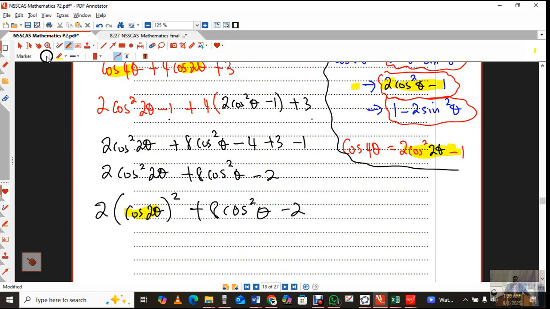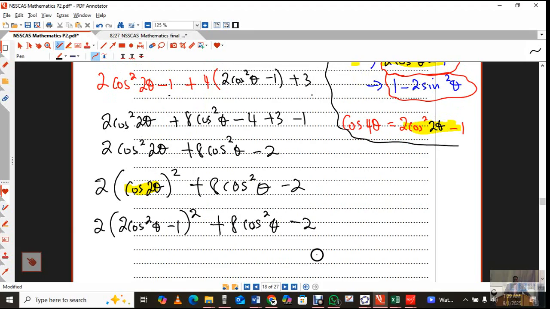I can actually also do the same thing. So I'm going to rewrite that as 2. Inside I'm going to have now 2 cos square theta minus 1, right? Remember from what we had before. All squared plus 8 cos square theta minus 2.